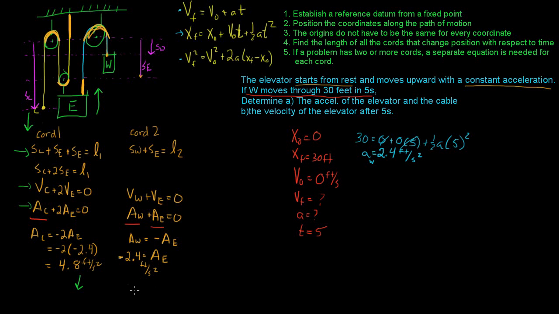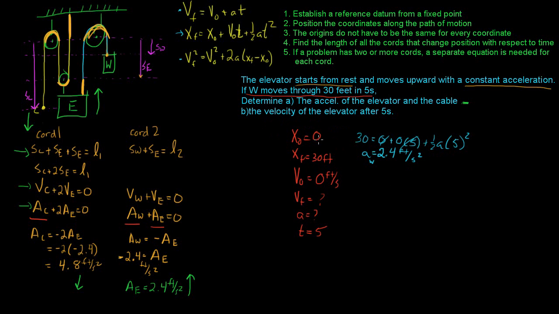So AE is moving 2.4 feet per second squared in the upward direction because it opposes our positive convention. Now, that is part A.